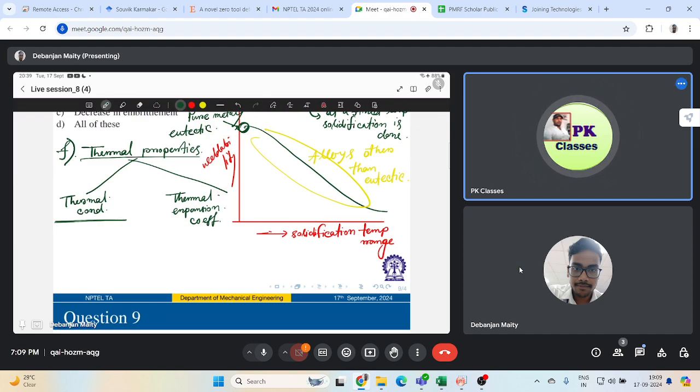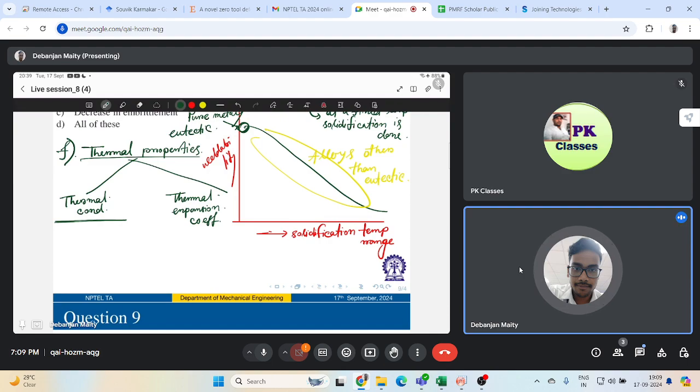high thermal conductivity. So if your metal is having high thermal conductivity, it can dissipate heat very easily. It can cool down faster. So let's say you are joining two copper metals.